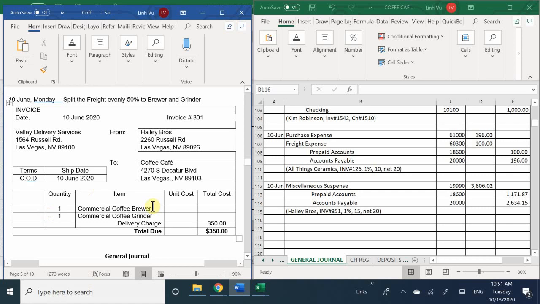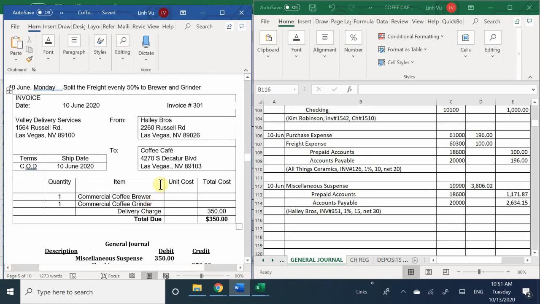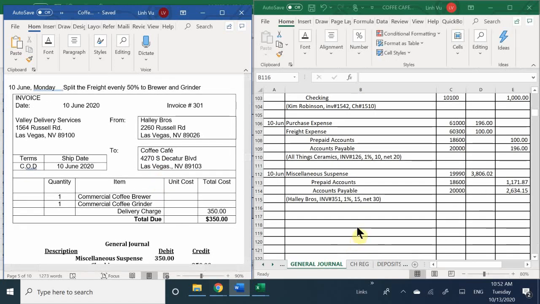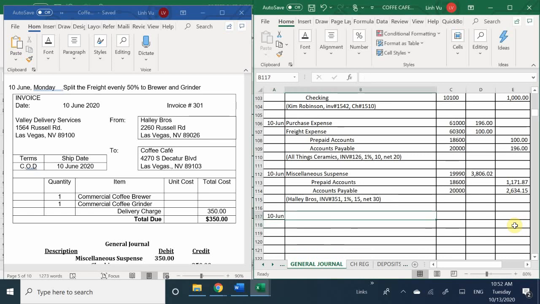So where did we put our coffee brewer and a coffee grinder? Where is it right now? It's in miscellaneous suspense. So therefore, we're going to go ahead and place it into miscellaneous suspense because that is where my items are currently at. Okay?